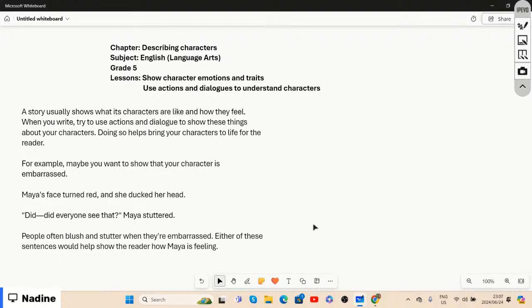There's always a character, because that character will basically tell you what is really happening, or we will be able to see through the character what the moral of the story or the whole act may be.